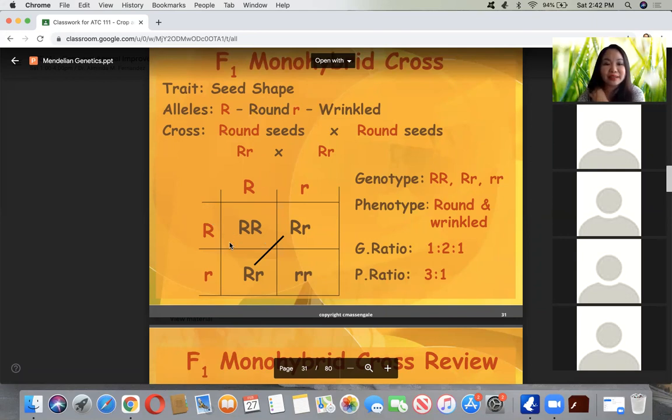No? So less than a minute left. So pair them up. So big letter R and small letter r, and big letter R, but the big letter goes first, no? And then big letter R and small letter r, and then small letter r and small letter r. So I hope you understand.